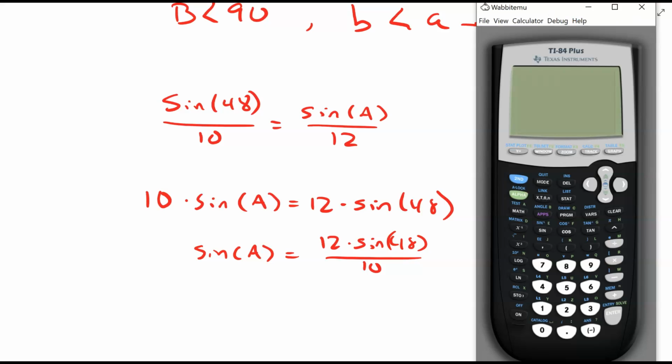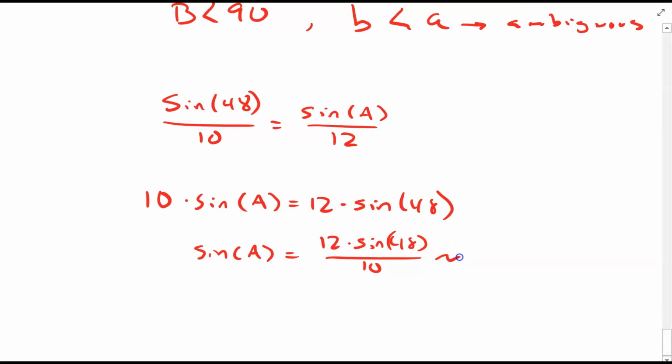So let's check what that value is real quick on our calculator. I get something that's less than 1, so what should I expect here? I have 2 triangles possible then.